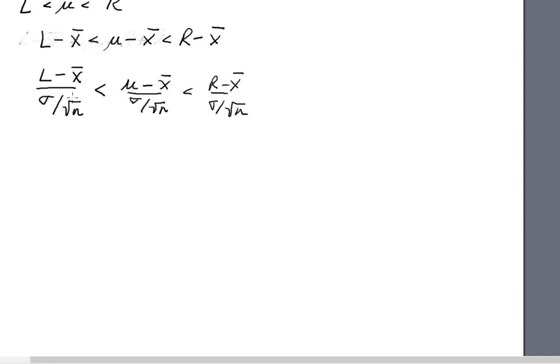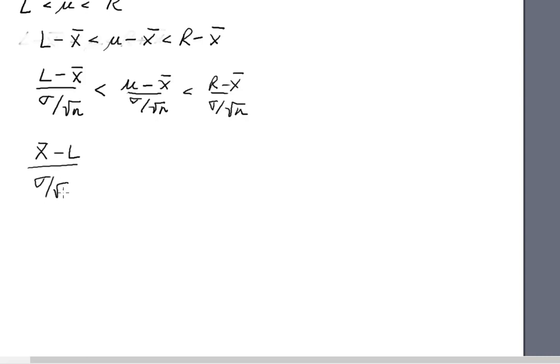However, if I multiply through by a negative quantity, I will have to reverse the sense of these inequality symbols. So let me multiply through by -1, and be aware when I multiply through by -1, I'd have minus mu plus x bar, which I'm going to write as x bar minus mu. So I'm going to use that same technique as I go through here. This becomes a minus L because I multiplied by -1.